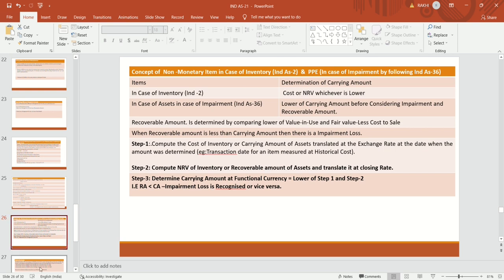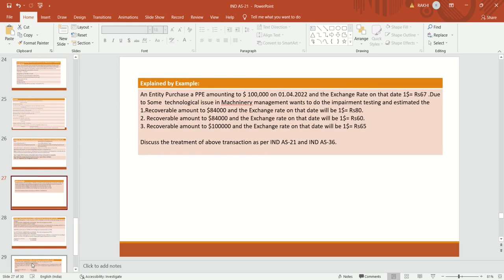This is to be explained by an example. An entity purchases PPE, a non-monetary item, of $1 lakh on 1st April 2022, and on that date the exchange rate is rupees 67 per dollar. Due to some technological issue in the machinery, management wants to do impairment testing and estimates that the recoverable amount would be $84,000, and on that date the exchange rate is rupees 80 per dollar.